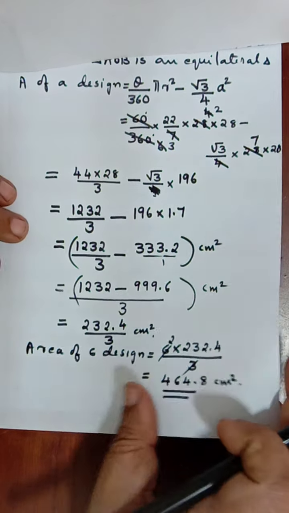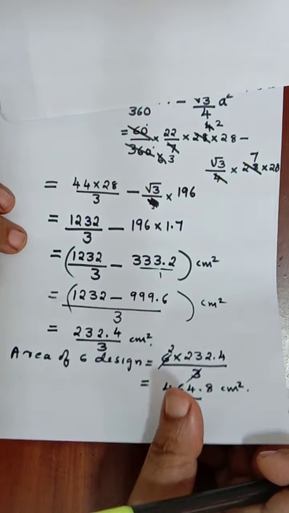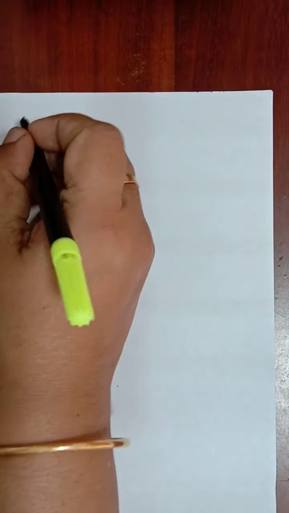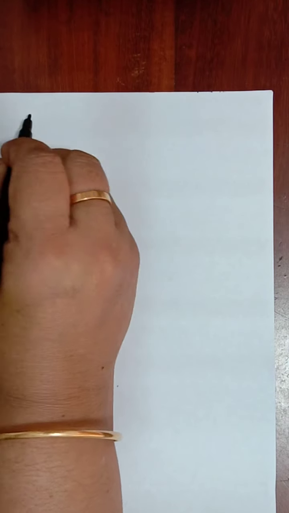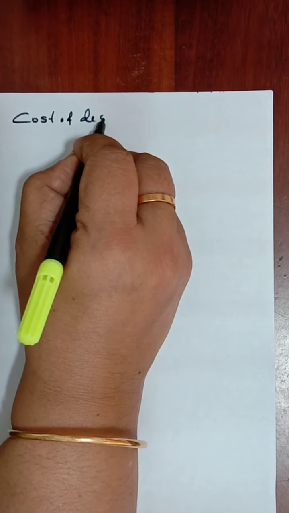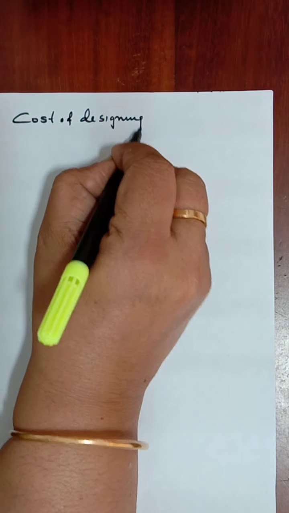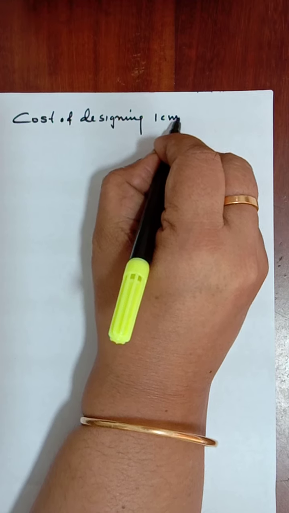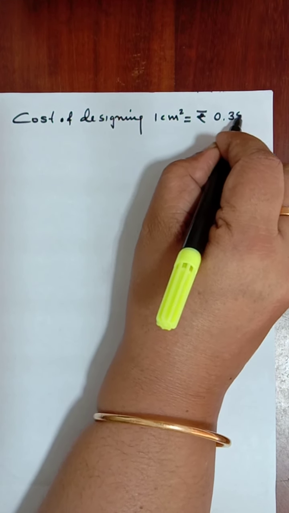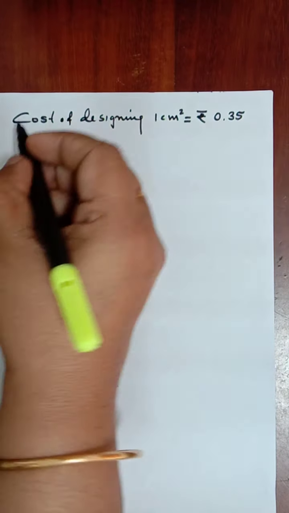Now we have to find out what is the cost of this design. Cost of design is the total area multiplied by the cost per cm square. So we have to write cost of designing 1 cm square equal to rupees 0.35, that means 35 paise.